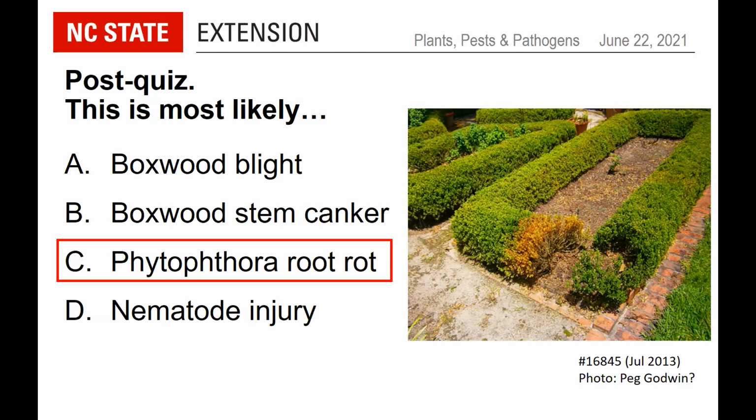So nematode injury, that's probably not a bad guess, except that, and I didn't say this earlier, you wouldn't expect it to be quite this destructive like the Phytophthora is. So very good. And with that, I will stop sharing unless there are some questions here.